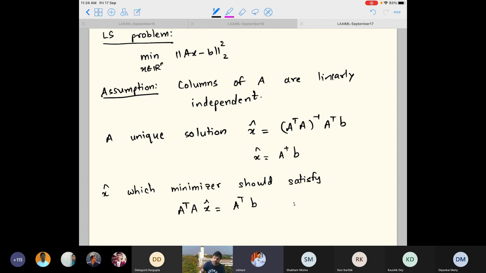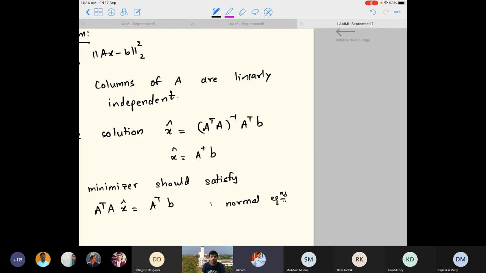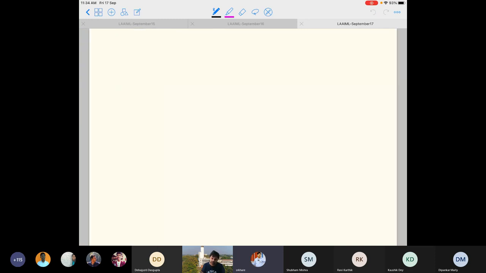These equations are called normal equations. And today we will see the reason why they are called normal equations. So what is the reason behind these normal equations? Let us look into this.